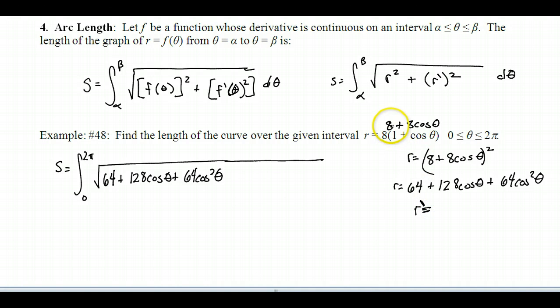The derivative of 8 is 0. The derivative of 8 cosine theta gives us negative 8 sine theta. And now I have to square my derivative, which creates 64 sine squared theta.